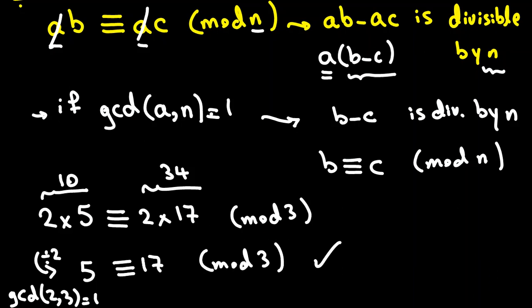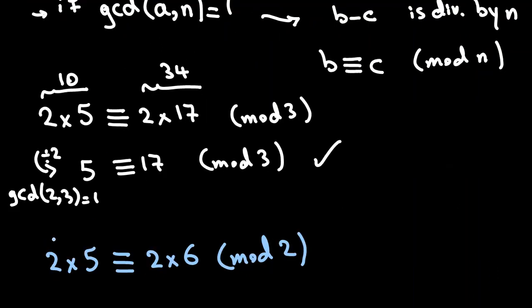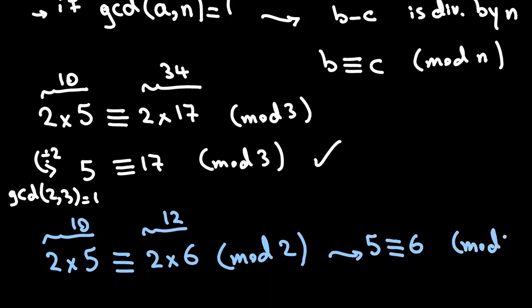But let's find something where GCD is not 1. When GCD is not 1, it is not necessarily correct. Here, 2 times 5 is 10, 2 times 6 is 12, both of them even, they have the same remainder when divided by 2, so they are congruent mod 2. If we divide both sides by 2, then 5 is congruent to 6 mod 2. Is it correct? No, the left side is odd, the right side even. Their difference is not a multiple of 2, and they don't have the same remainder when divided by 2. So here it's not correct.